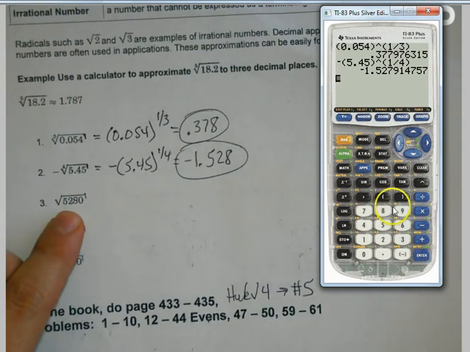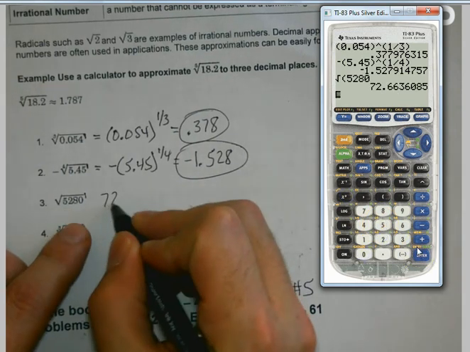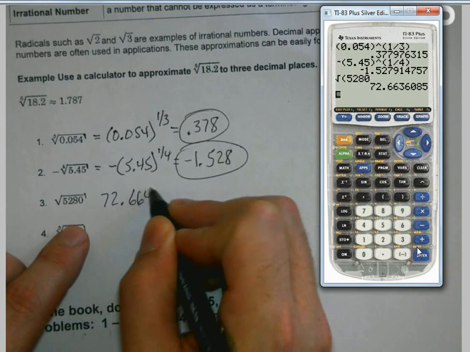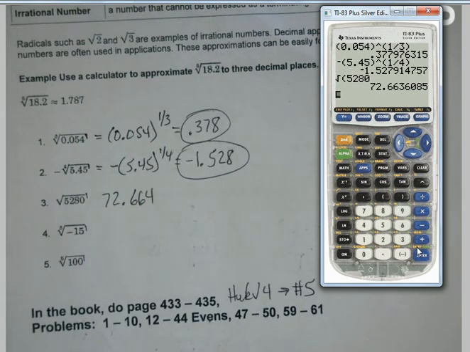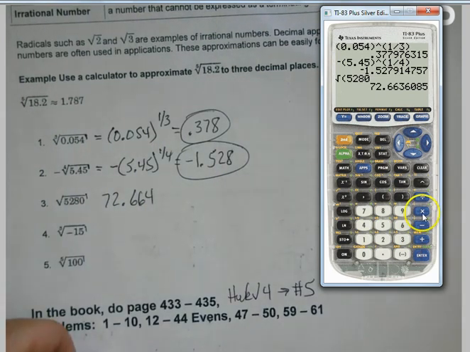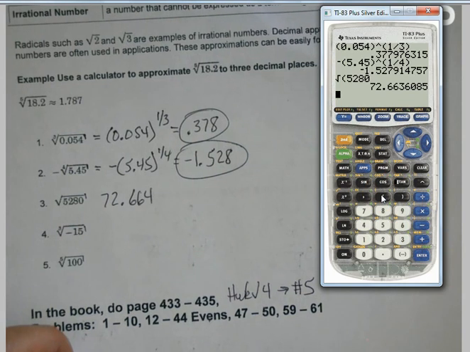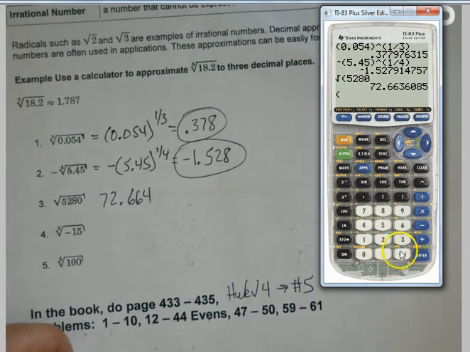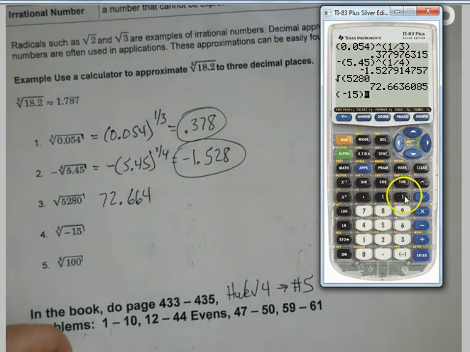If it's just a regular square root, then just use the regular square root. 5280. Okay. 72.664. And it's going to be the same all the way through with these. So let's see, one more here. Negative 15.